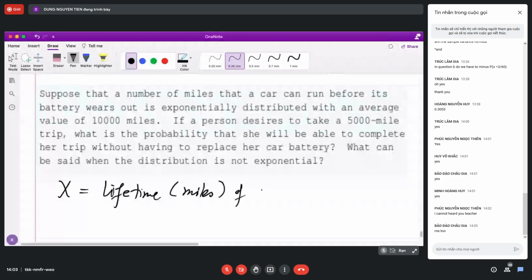Then X follows an exponential distribution with the parameter lambda. Here, the mean of X is 1 over lambda, and that is 10,000.